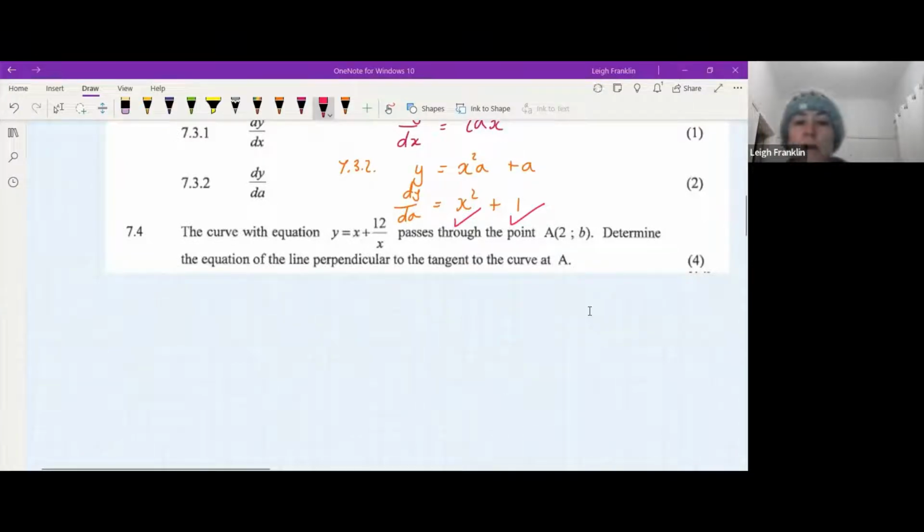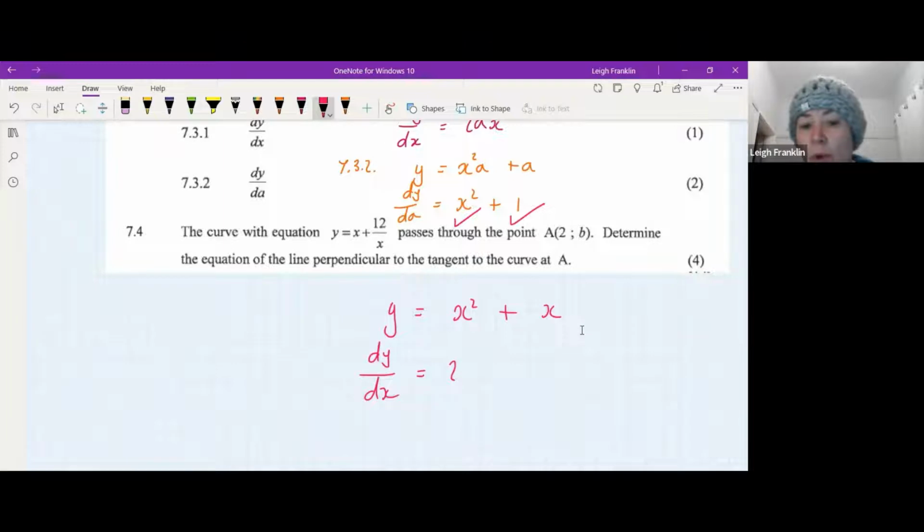Why is it plus 1? Okay, Cassandra, in other words, if we had y equals x squared plus x, and now I'm finding the derivative of y with respect to x, I would end up with 2x plus 1, wouldn't I?